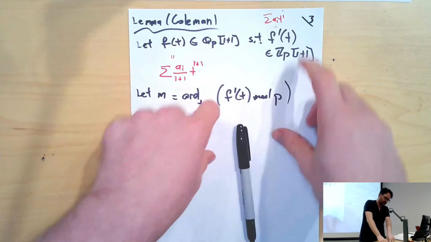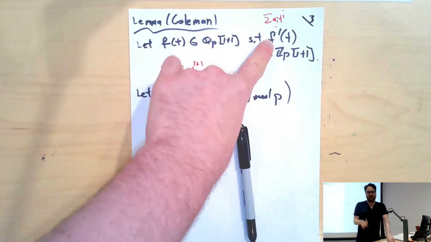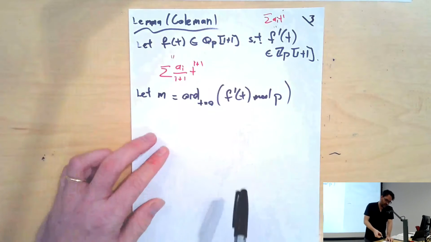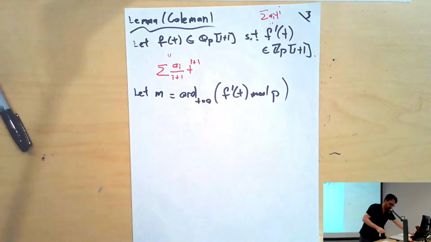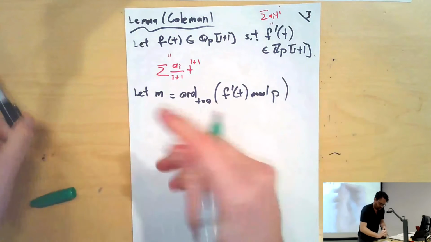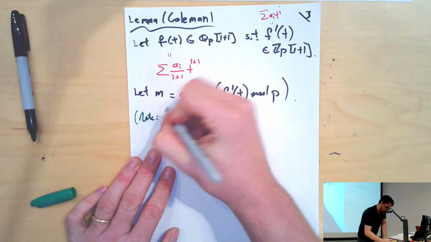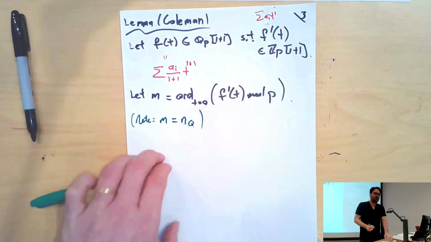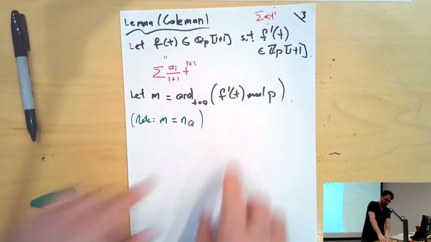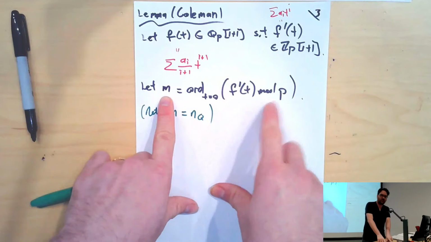The way you should think about this is, in general, the coefficients of this f prime are going to be non-zero, but maybe they're 0 mod p. Since this f prime corresponds to this differential, note that m is this n_Q in our previous proof. So you're picking up the zeros of the differential mod p.